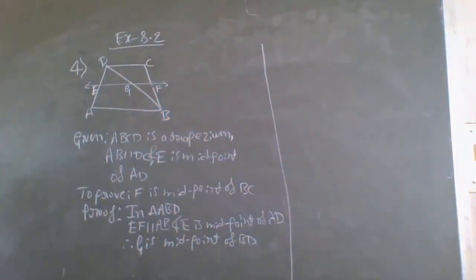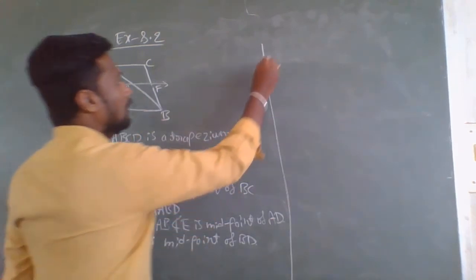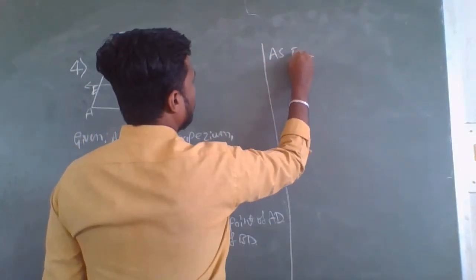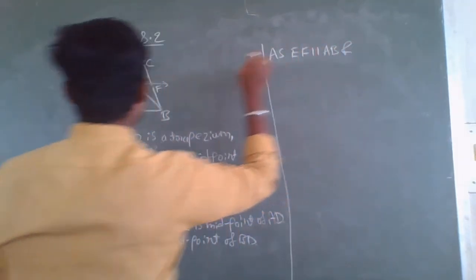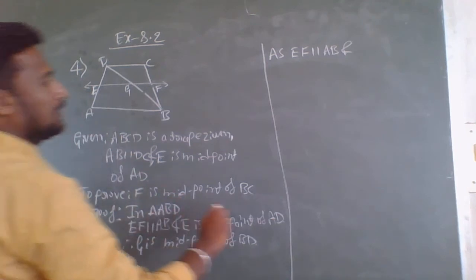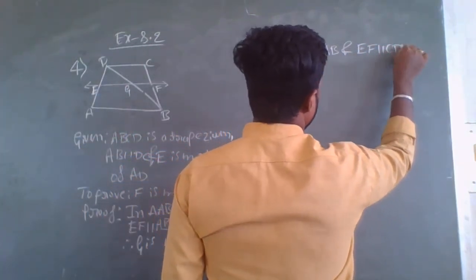So now again, we know that this EF is parallel to AB.